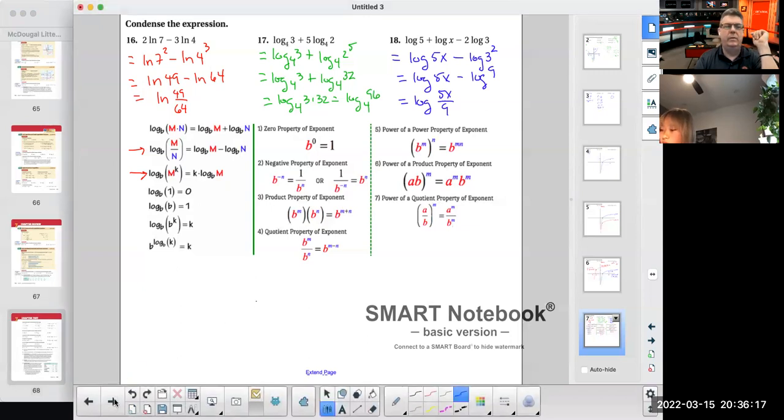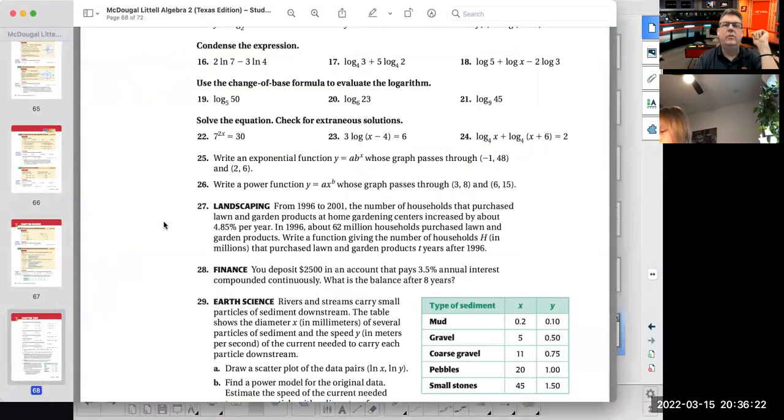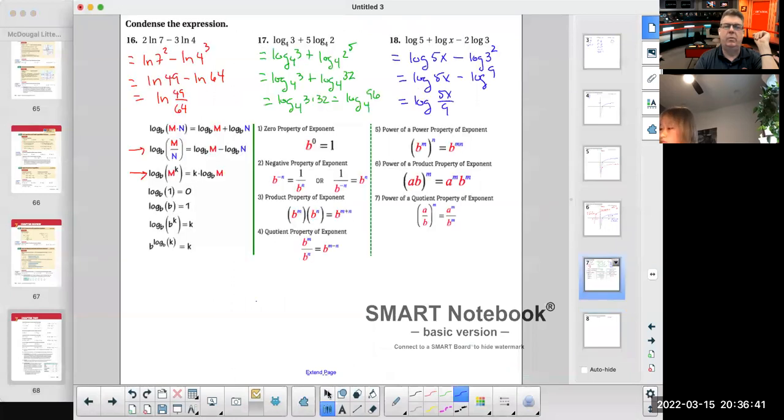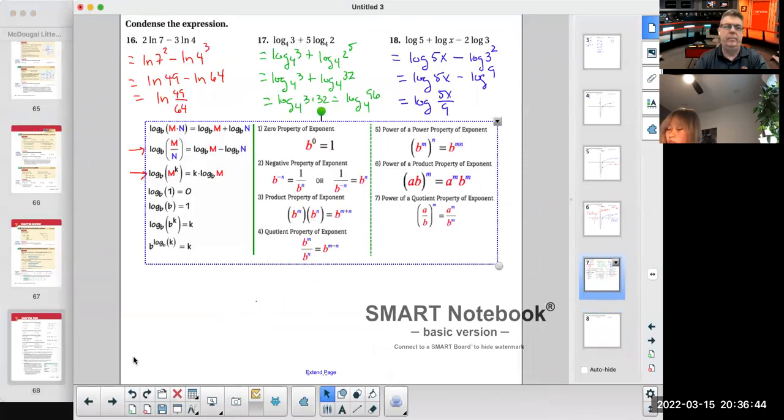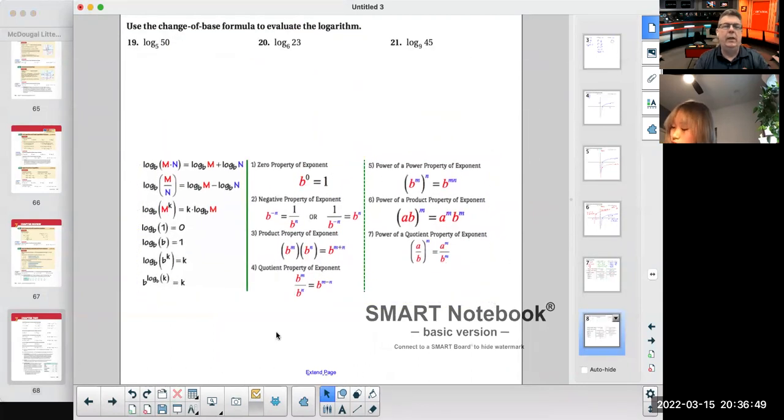All right. So let's see what we got here. Change of base. Okay, let's get our rules, which I guess you're gonna have to know, right? All right, so change of base, where is that? It's not there.